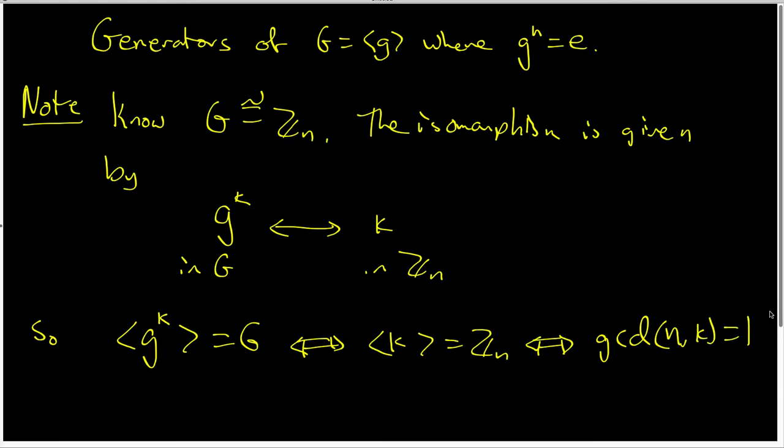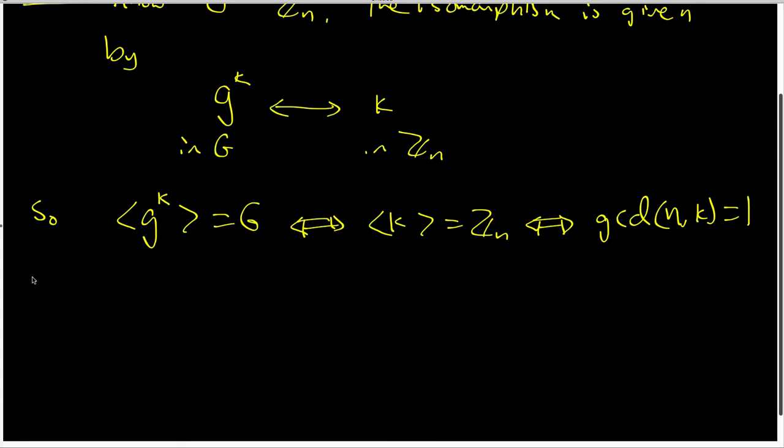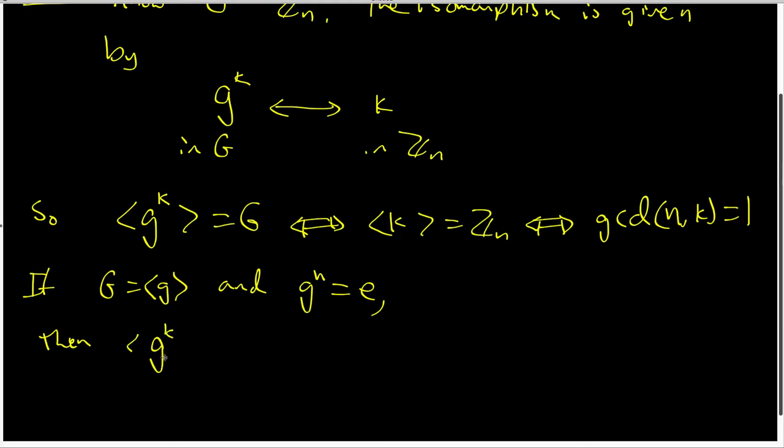So what I know is this fact. If G is a cyclic group of order n, then g to the k is a generator, so the cyclic subgroup generated by g to the k is the whole group, if and only if the GCD of n and k turns out to be 1.